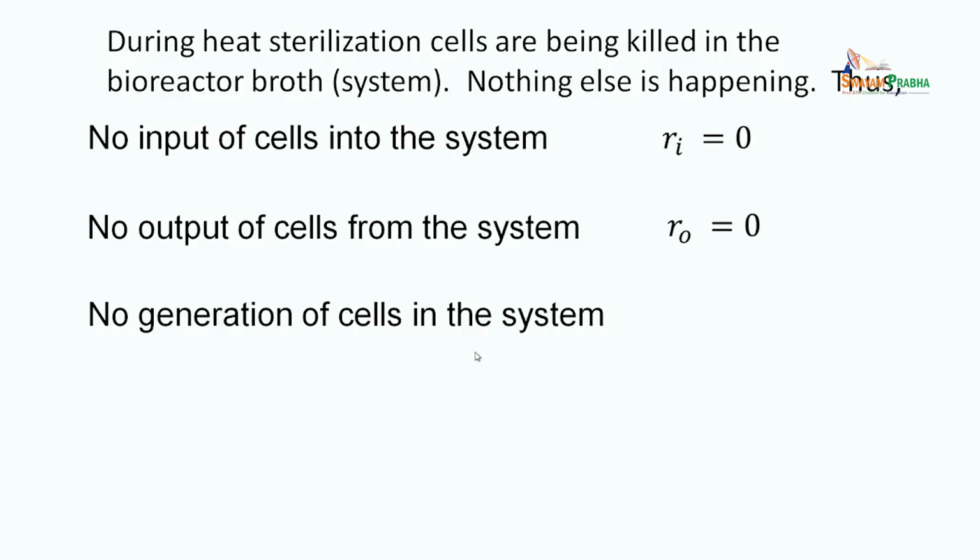There is no generation of cells in the system, or let us assume that. Therefore, the rate of generation of cells is 0, and therefore, the only term that remains from R I minus R O plus R G minus R C is this minus R C, and minus R C, the rate of consumption of cells R C, is equal to dM/dt, the rate at which mass of cells gets accumulated in the system.